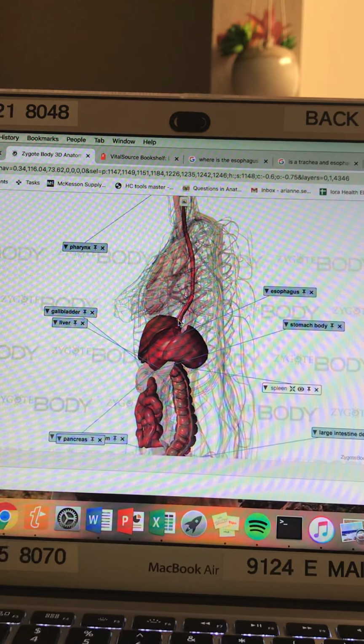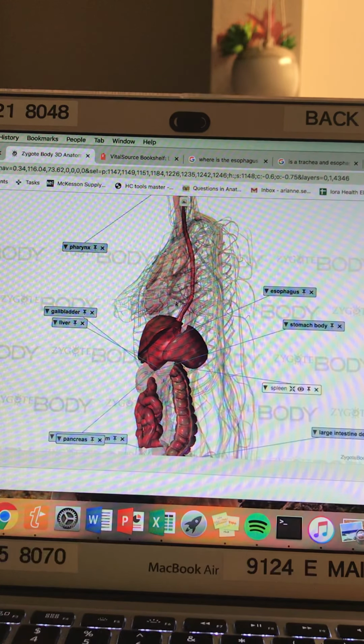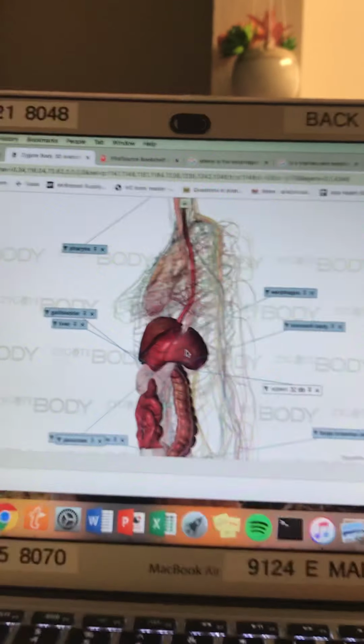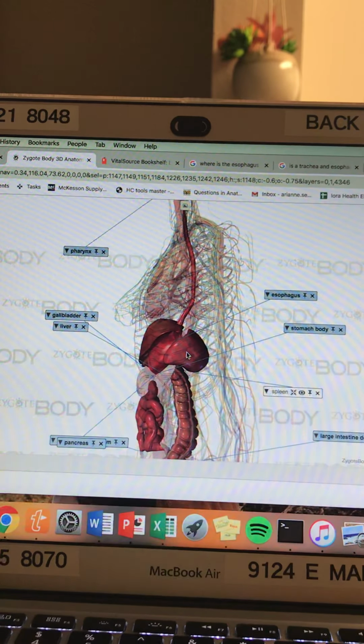So when a person swallows, these sphincters relax so the food can pass through into the stomach. When they're not in use, they contract so food and stomach acid do not flow back up into the esophagus. So that's right in here, which goes directly into the stomach.